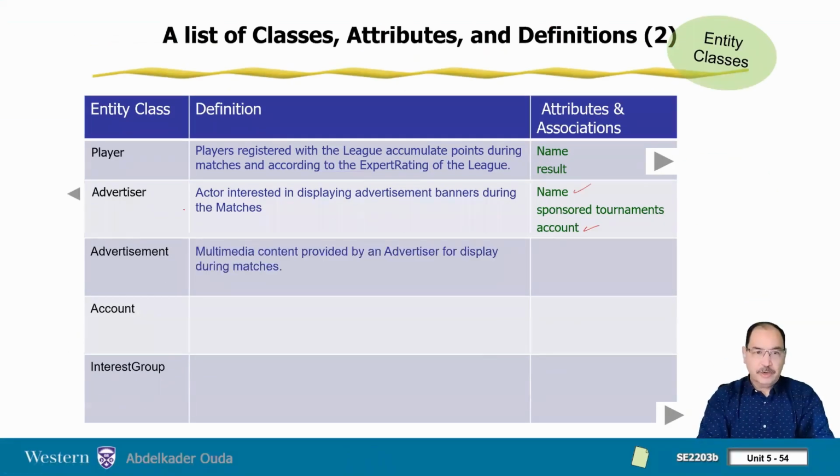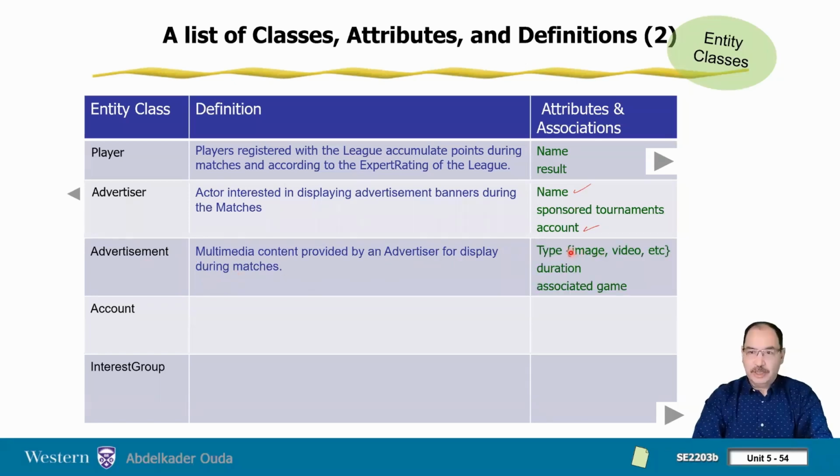So the advertiser is going to advertise or show advertisements. That means we need to store some information about the advertisement. It's simply multimedia content, like images, videos, animations, audio only, video only. We call it just multimedia content provided by the advertiser for display during matches.